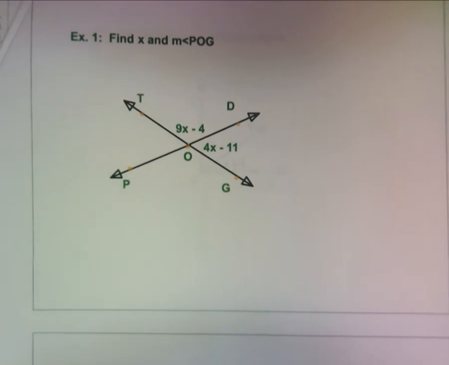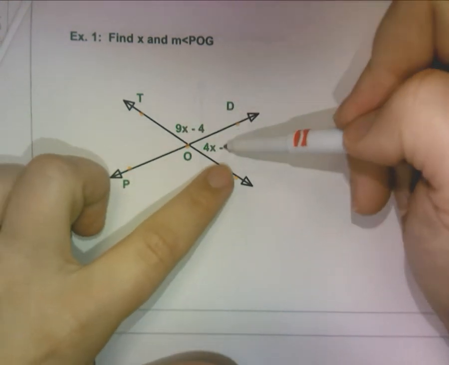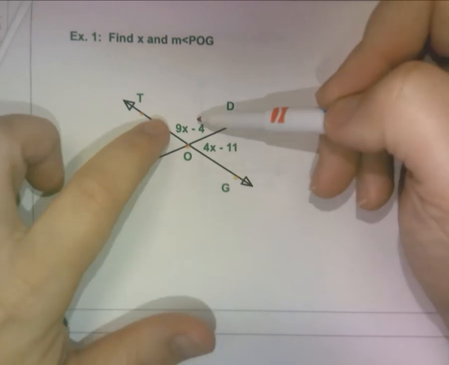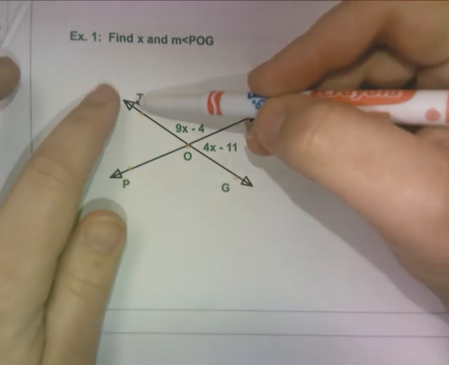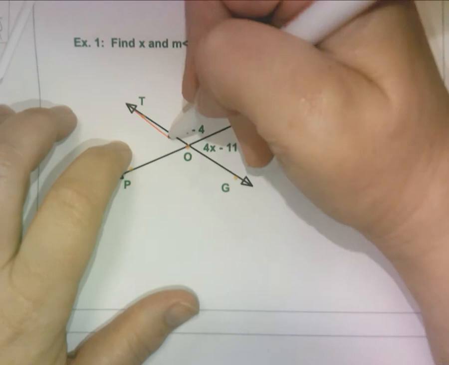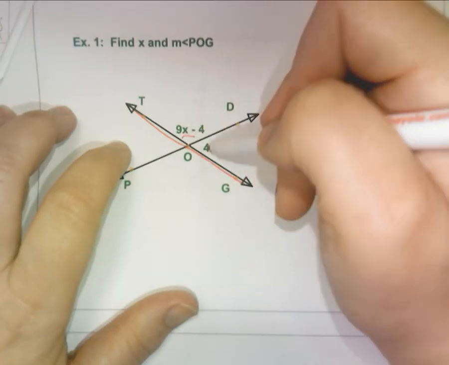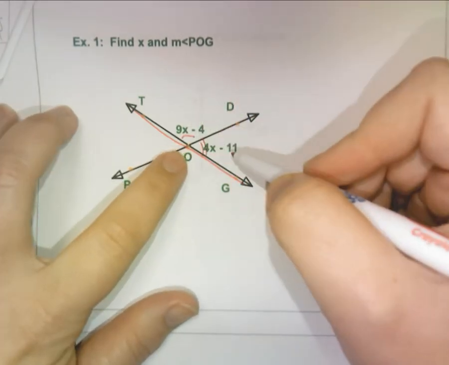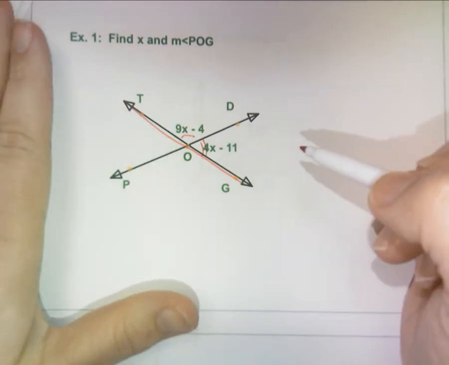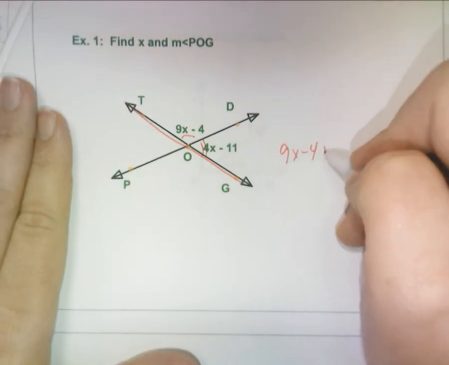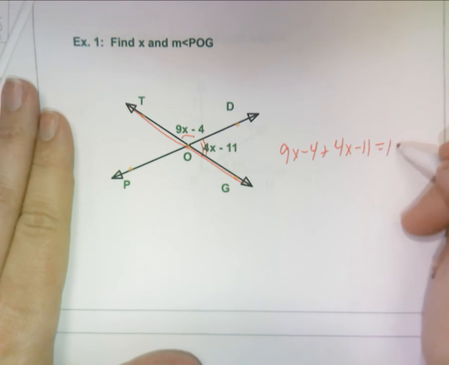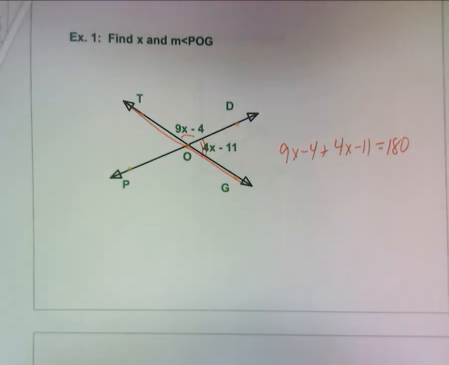All right, let's do an example of that. Find x and the measure of angle POG. Okay, so looking at my picture again, I see this is 9x minus 4, this is 4x minus 11. Are they vertical? Are they opposite? Nope. Are they forming a linear pair? Yeah, they're making a line, this guy and this guy. So you're not going to put them equal to each other. You're going to make them add to be 180, because a linear pair makes 180.